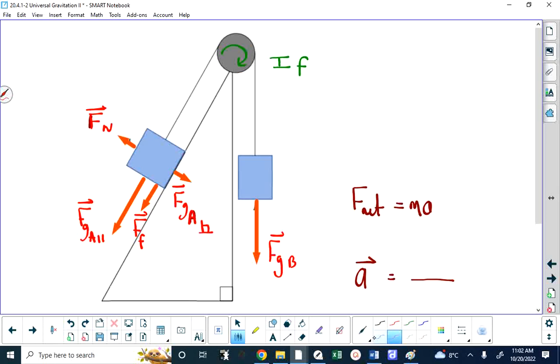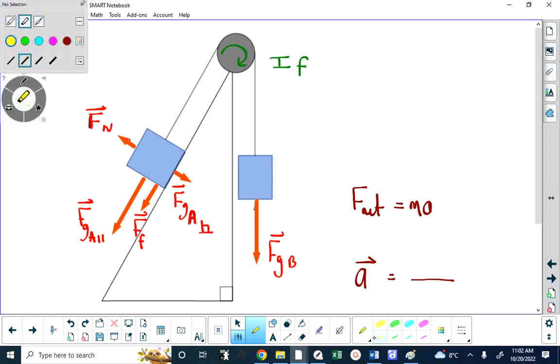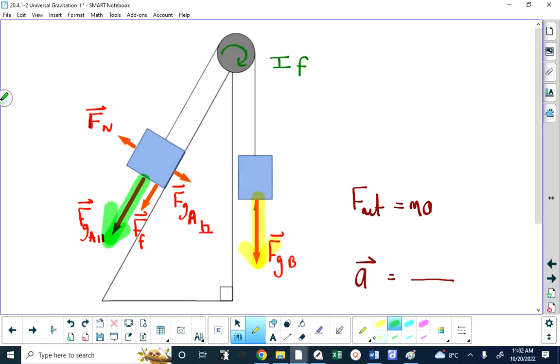If this yellow force is bigger than this force, then we have to say the force of friction is in that direction.